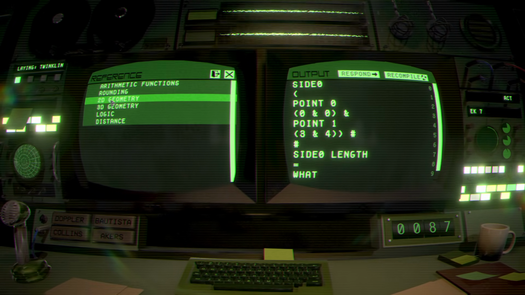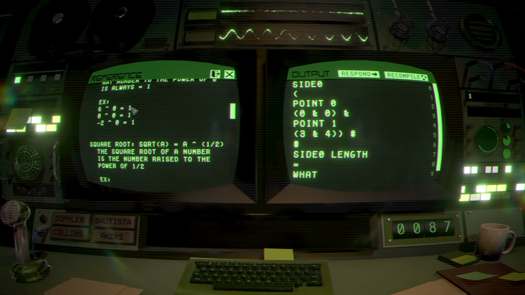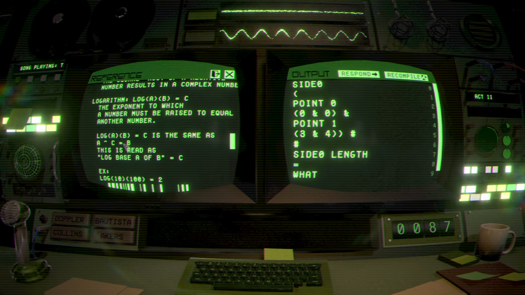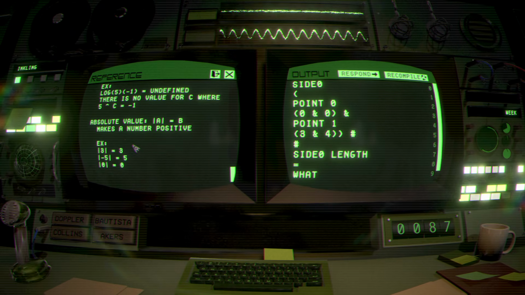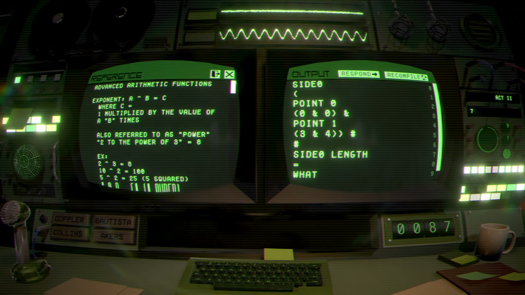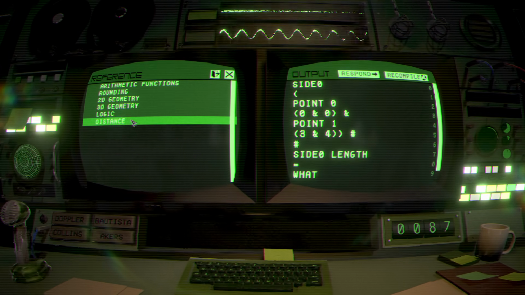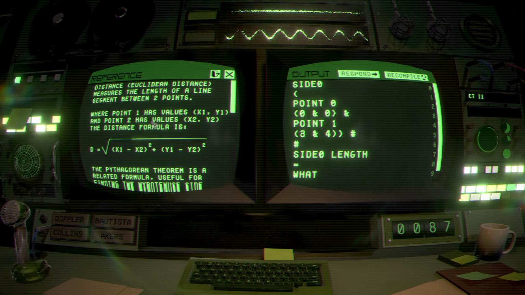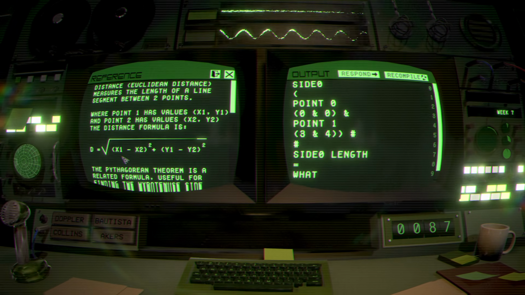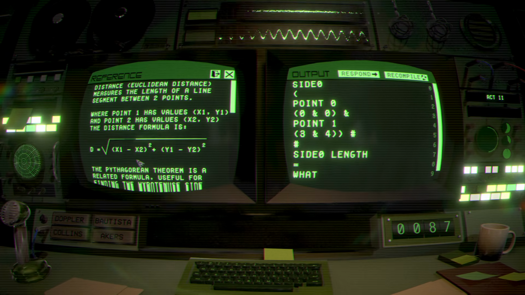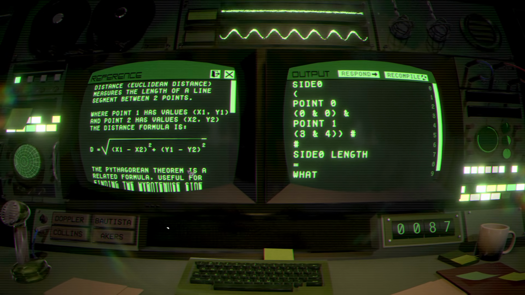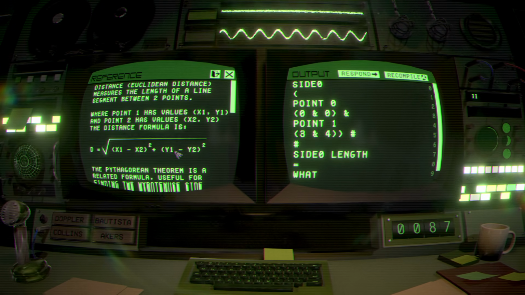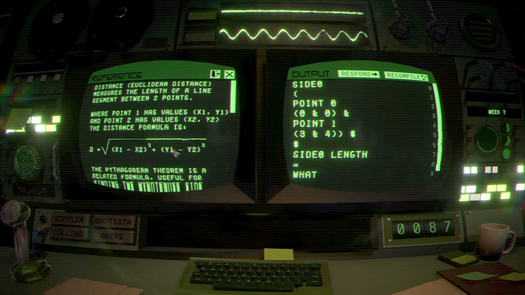Sure, there's a reference in geometry. I think I'm being stupid again. Think. Okay. 0 minus 0 squared plus 3 minus 4 squared is 1.